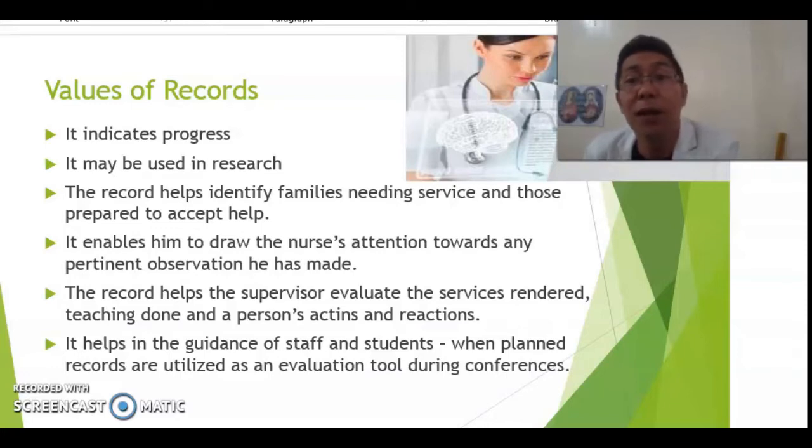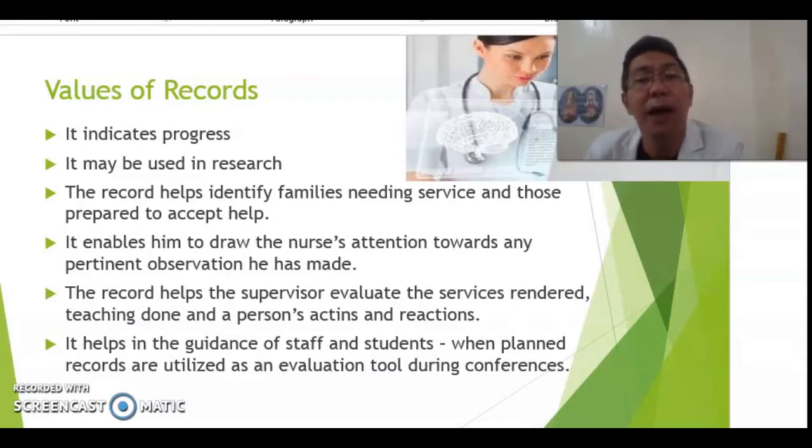You can derive topics, researchable works, based from the information that you get from the records. The records help identify families needing services and those prepared to accept help.